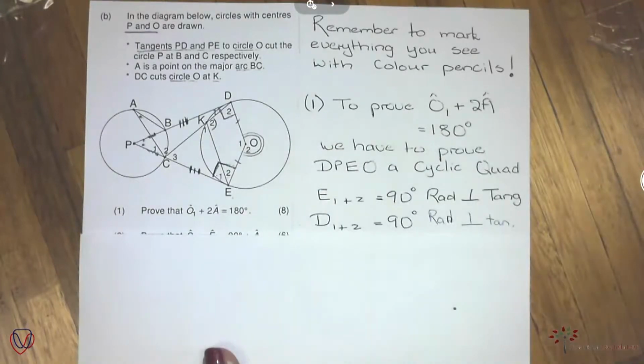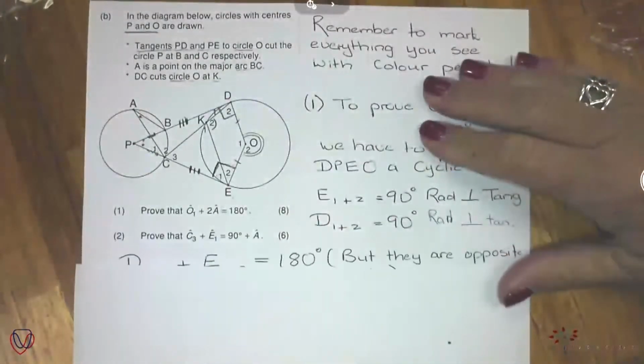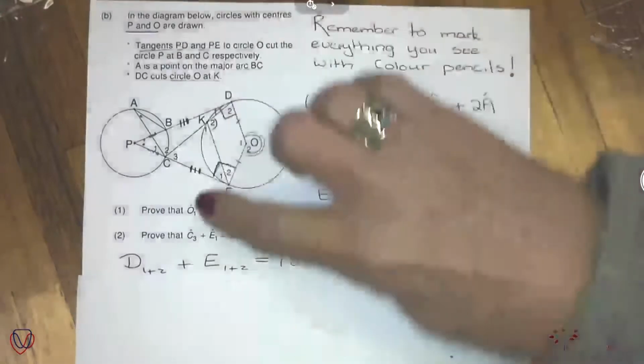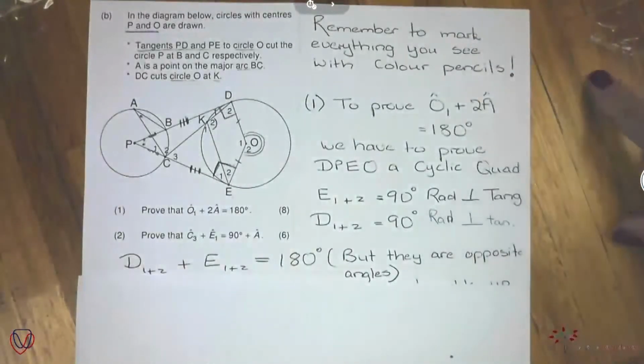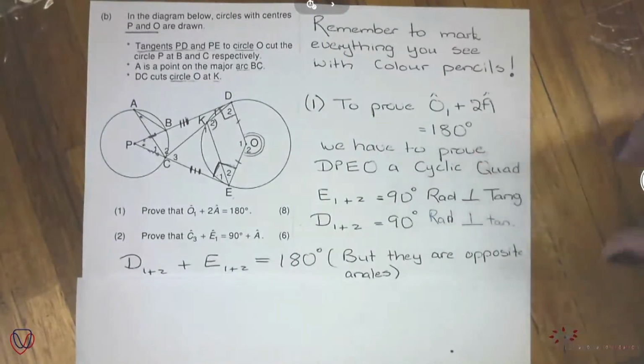And if those two are adding up to 180, it means this is a cyclic quad because the opposite angles add up. You don't say it is already a cyclic quad. You prove it by using those 90 degrees. So now you're going to say D1 plus 2 plus E1 plus 2 is 180, but they are opposite angles of a cyclic quad.